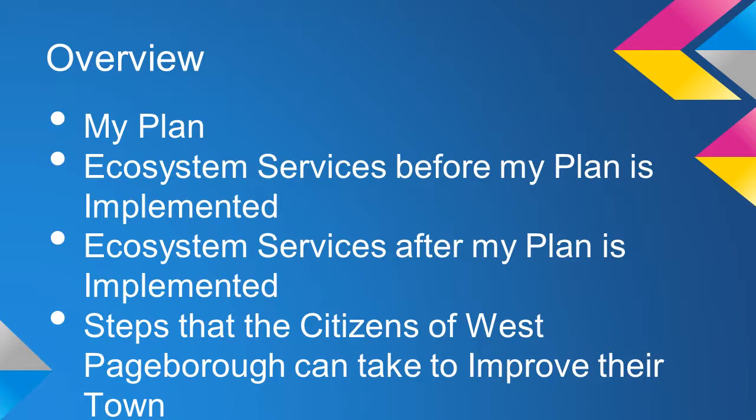Lastly, I talked about the steps that citizens of West Pageborough can take to improve their town. This includes the planting of trees and the protection along the path so that the citizens of West Pageborough can hike and bike using the path safely without getting attacked by animals such as the black bear and the red fox.